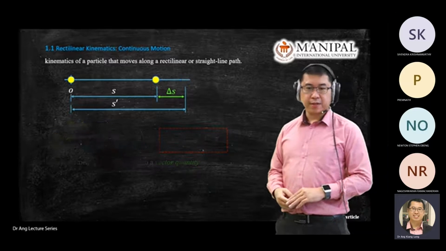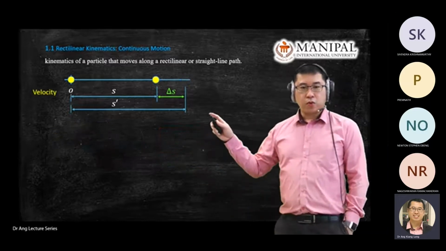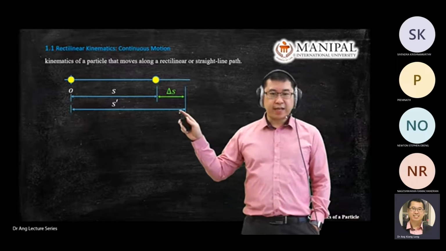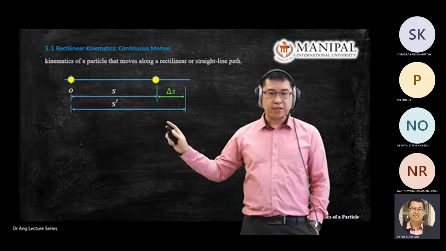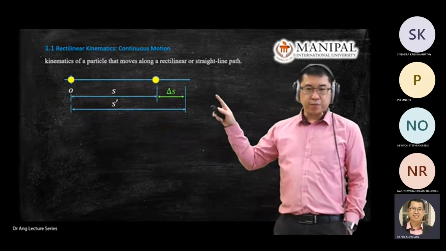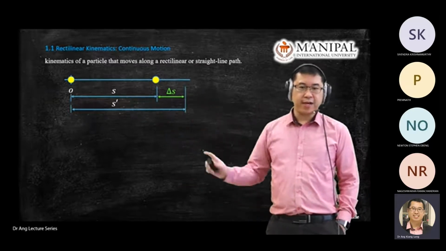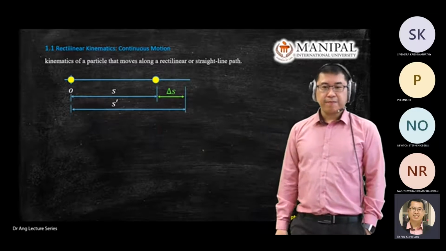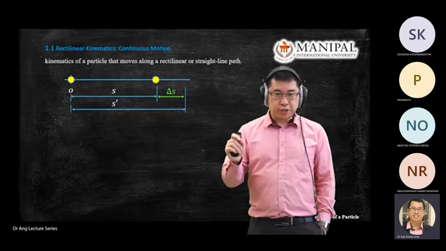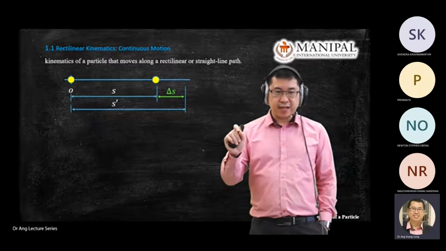All right. So what have we done so far? We defined the position S. We defined displacement delta S. So there are two different terms here, position and displacement.